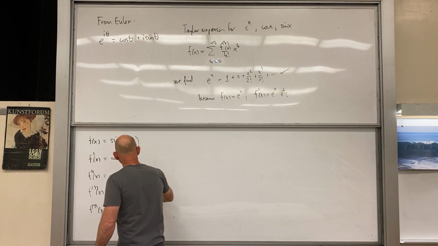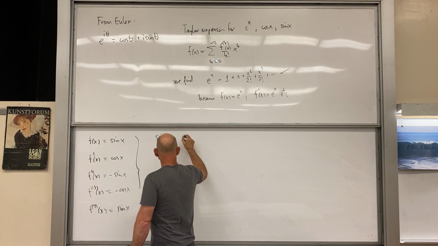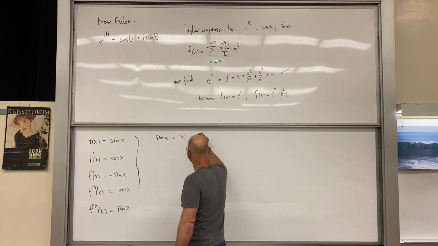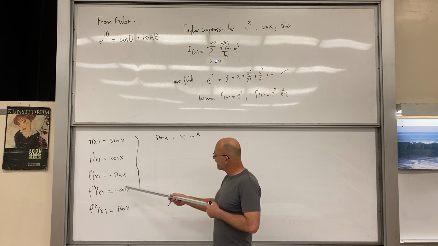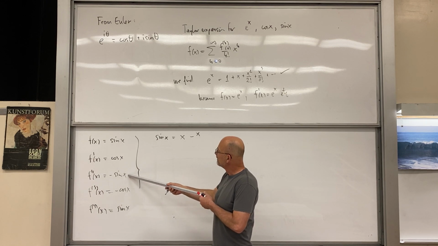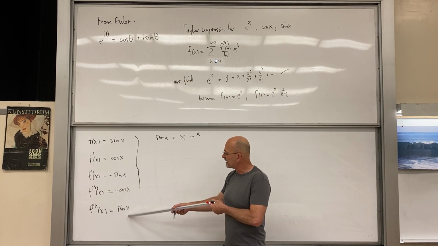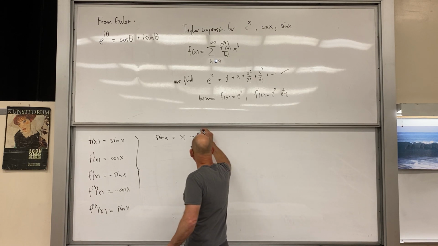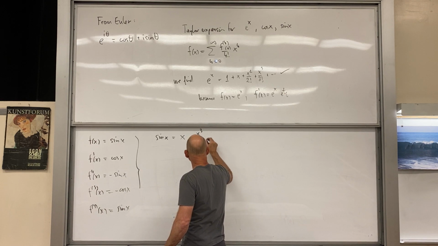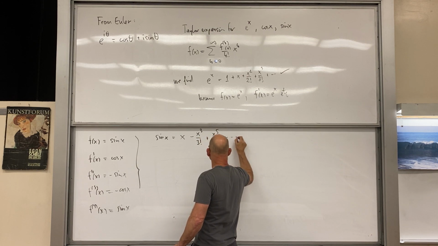So from this we get sine of x is equal to x minus... Oh yeah, when we evaluate these things, the second derivative vanishes. The fourth derivative vanishes, okay? And otherwise we just get plus and minus 1. So we get this alternating series: x minus x cubed over 3 factorial plus x to the 5th over 5 factorial, and so on.